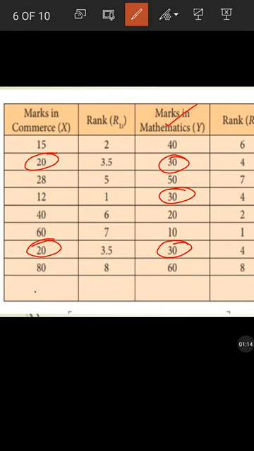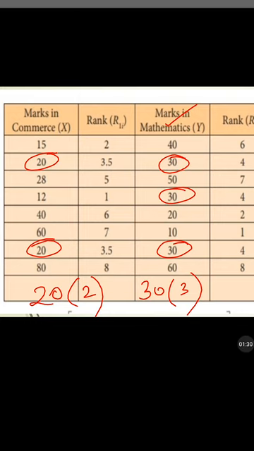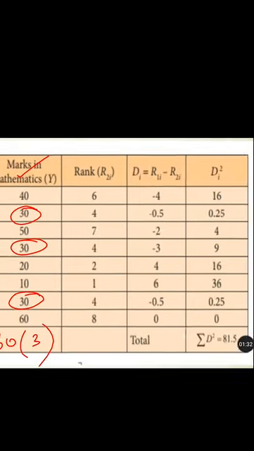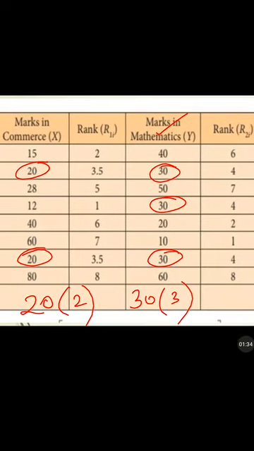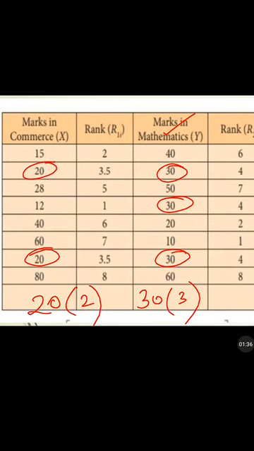First, 20 is repeated 2 times, and 30 is repeated 3 times. So here we are going to apply this in the formula. Now let us move on to the formula. Remember this, 20 is repeated 2 times and 30 is repeated 3 times.